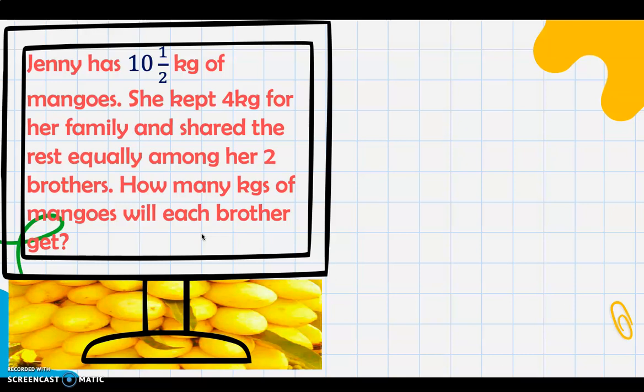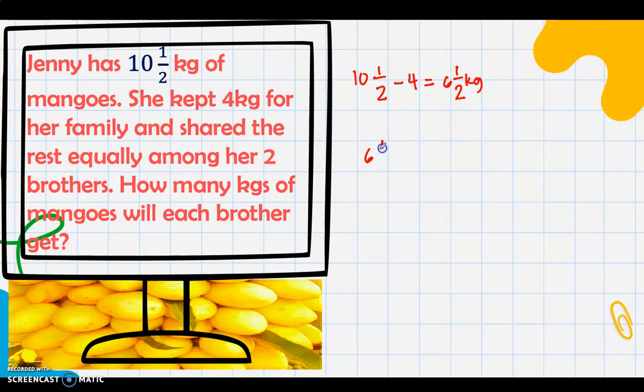Jenny has 10 1/2 kilograms of mangoes to divide among her 2 brothers, but before dividing, she first kept 4 kilograms. So we need to subtract first: 10 1/2 minus 4. 10 minus 4 is 6 1/2. Now 6 1/2 kilograms will be divided among her 2 brothers.